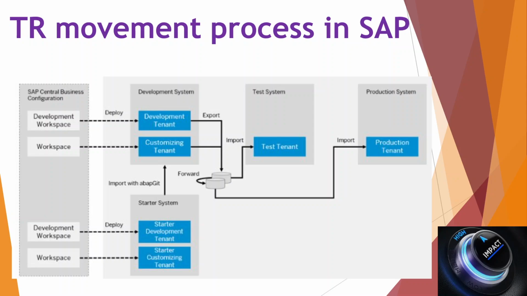One very important thing you have to keep in mind is unless you release your transport request from the development system, it will not go to the SAP production system. It will not even go to the quality system. For quality, you can use TOC also, but for production, you never use a TOC to move into the production. TOC means transport of copies.